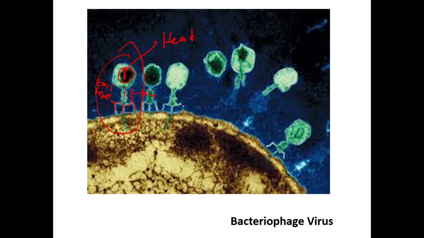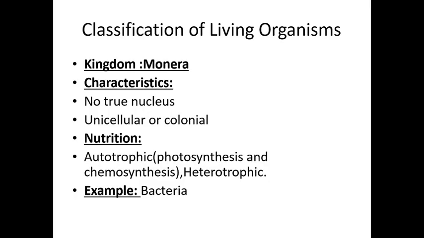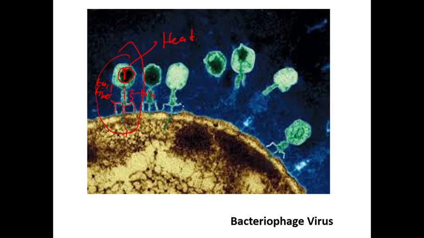So they attach using their tail fibers, and then they inject their DNA into the host cell. Then they use the host cell's machinery to replicate, meaning they make new viruses, and then the cell bursts, and then those viruses spread. So basically, that's how a virus will spread inside your body, right?